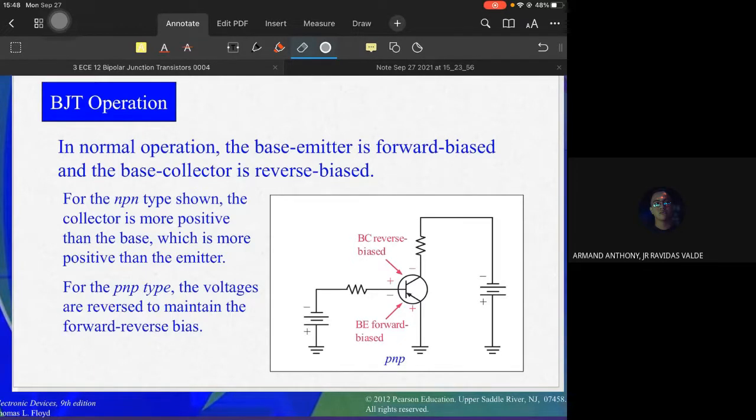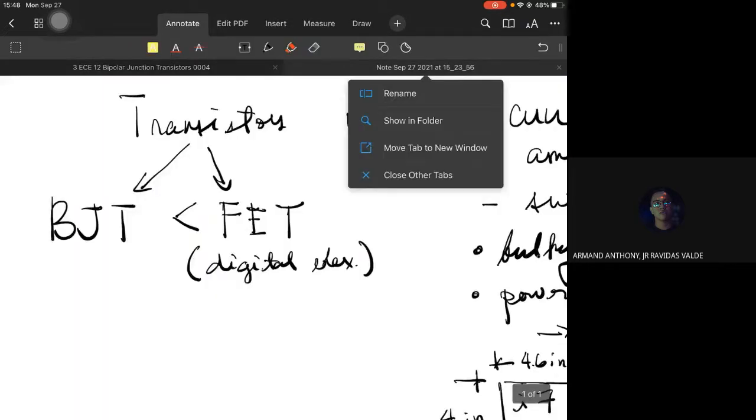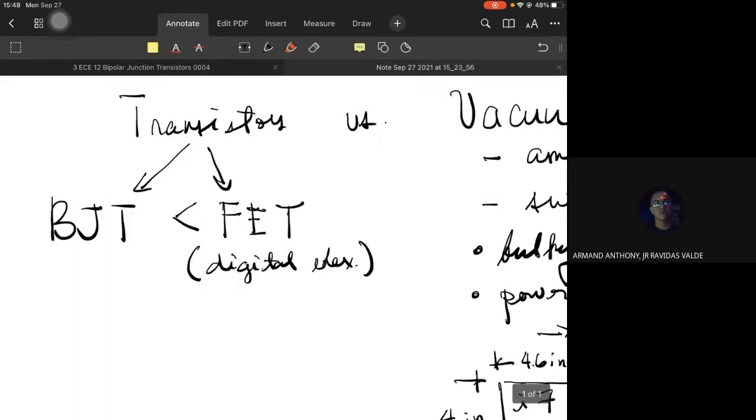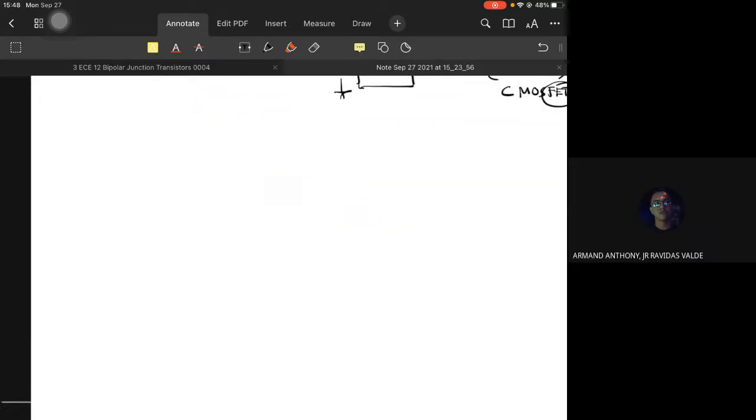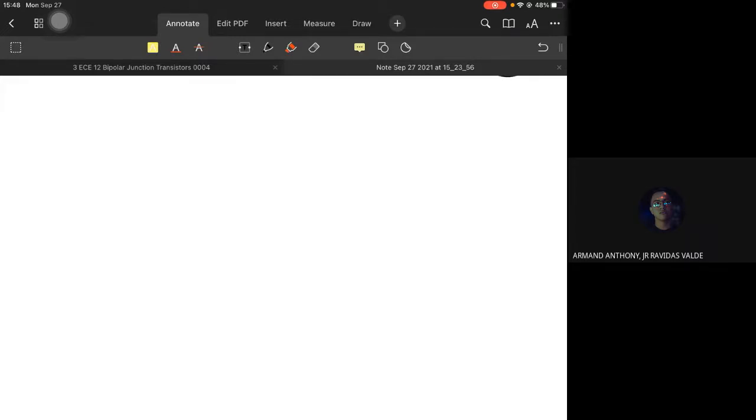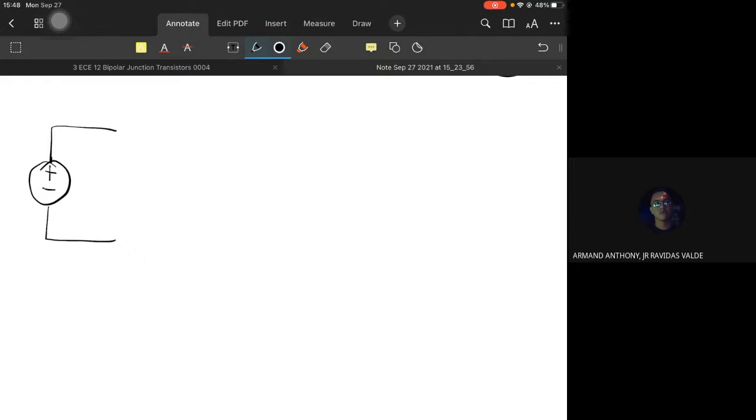Okay. Before I go further, let's say we have this very simple circuit. This is just to put things into perspective. Load.